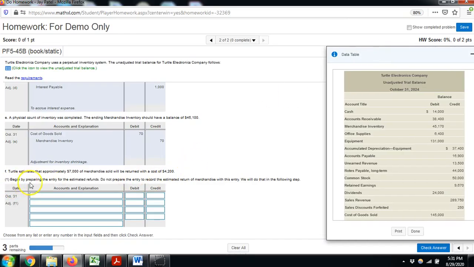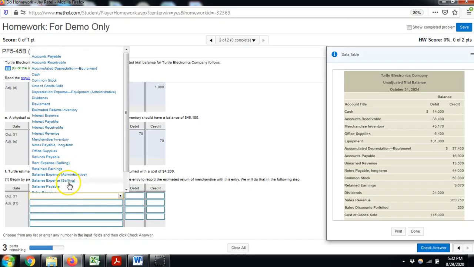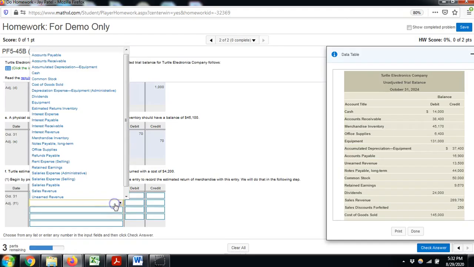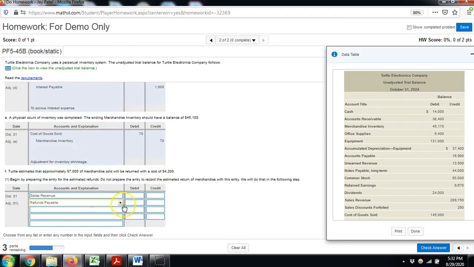So the first, it's saying prepare the entry for the estimated refunds. So basically, we have to reduce our sales revenue by this amount of our estimate for how much is going to be returned. So we're going to basically reduce our sales revenue, and we're going to basically create a liability called refunds payable.